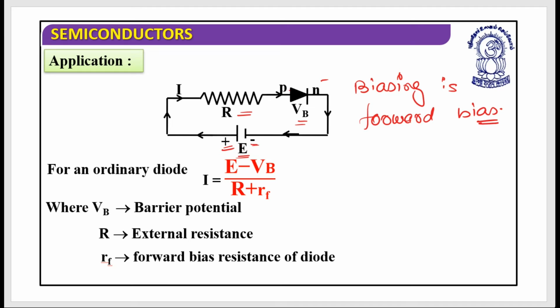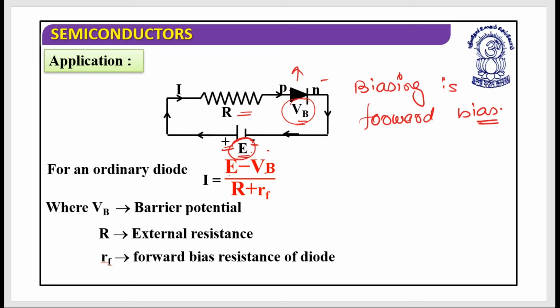For a practical diode, with applied voltage E and barrier potential VB, the current is I equals E minus VB divided by the total resistance. I say total resistance because a practical diode has a certain resistance; only in the ideal situation is there zero forward resistance and infinite reverse resistance, but this is not possible in practical life.